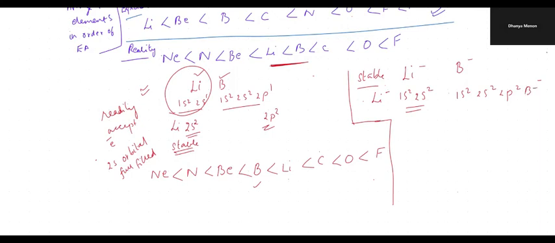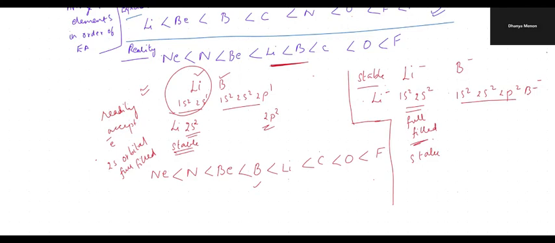Now, will lithium minus accept any electron? It is already fully filled. There's no space for any electron to come in, so it is already stable. Lithium minus is more stable. B minus is less stable.